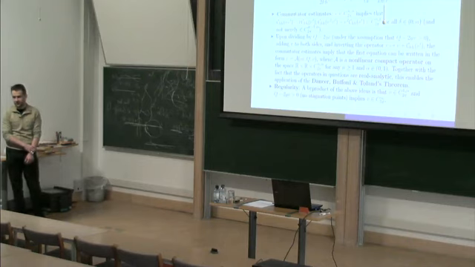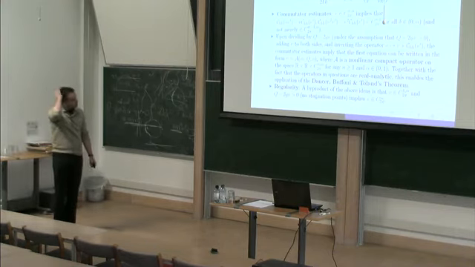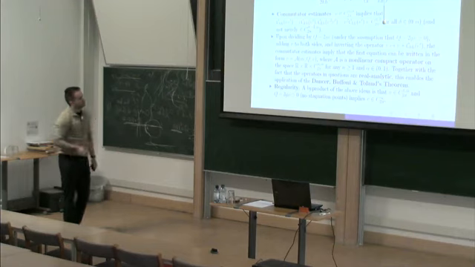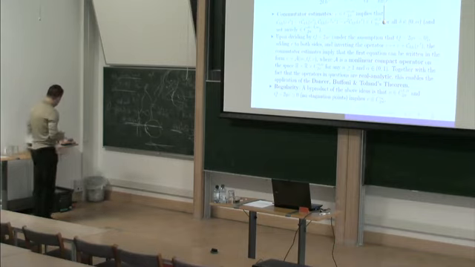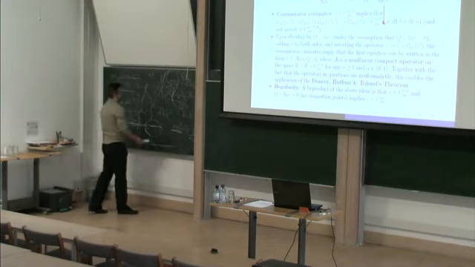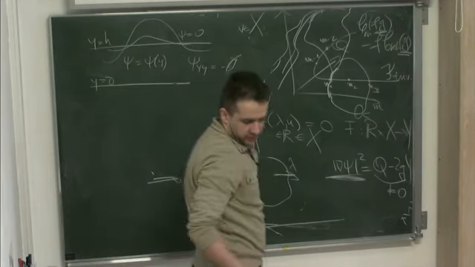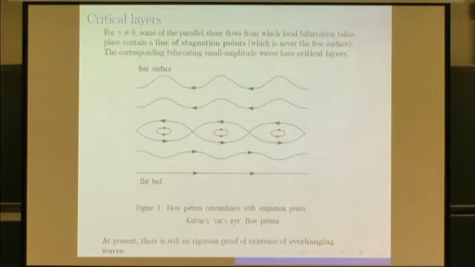So your gamma can be both positive and negative, right? So what's the effect of the sign? Yes, in this theory, all that I said is valid for any gamma, but depending on the sign, well, the presence or absence of this kind of critical layer is related to the sign of gamma.